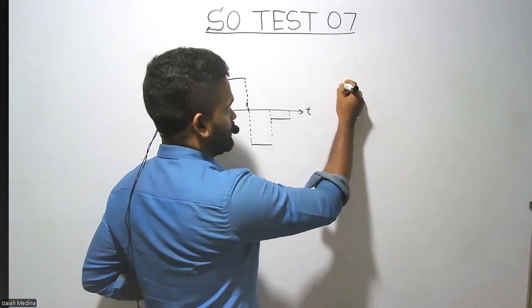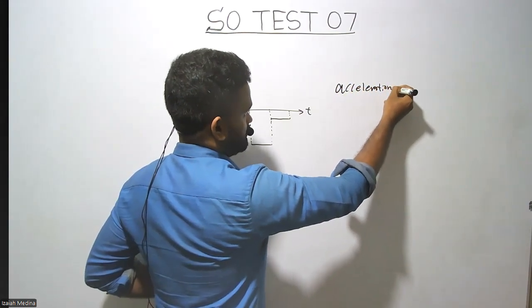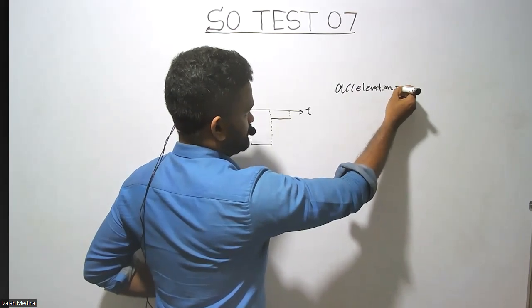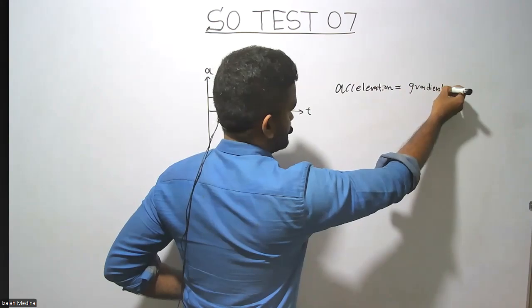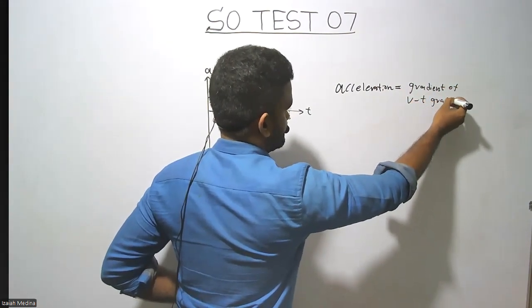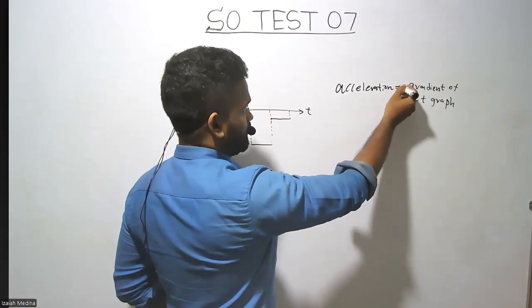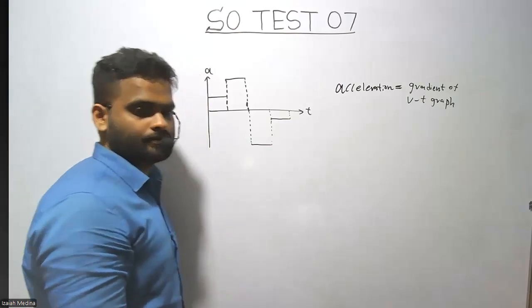So as you know, acceleration is equal to the gradient of the VT graph. Okay, so whatever happens to acceleration happens to the gradient of the VT graph.